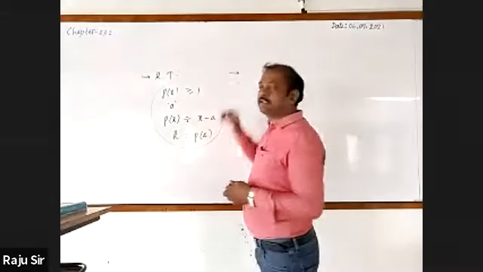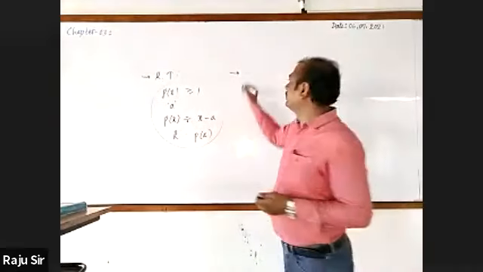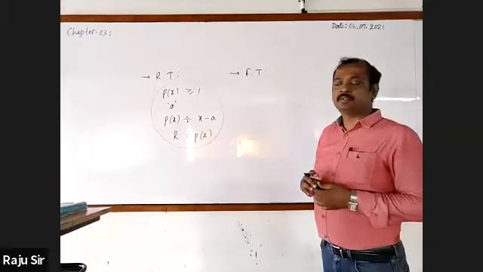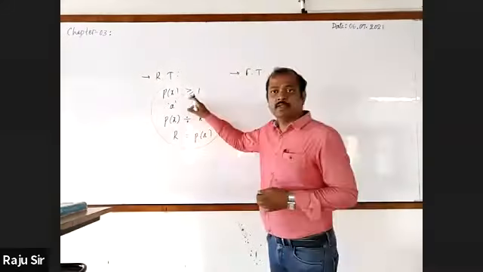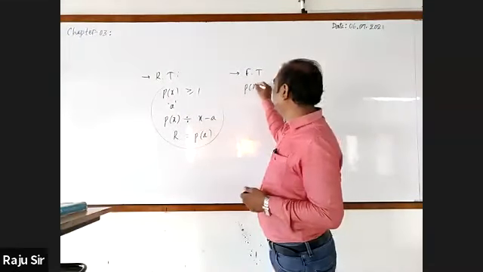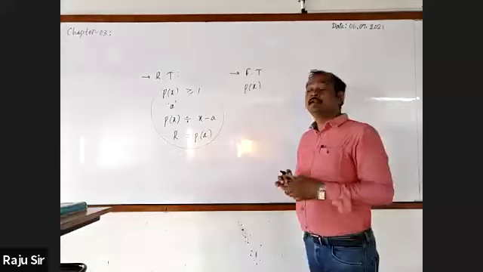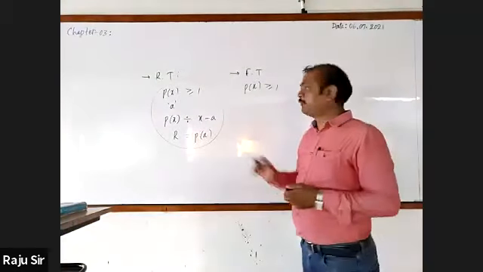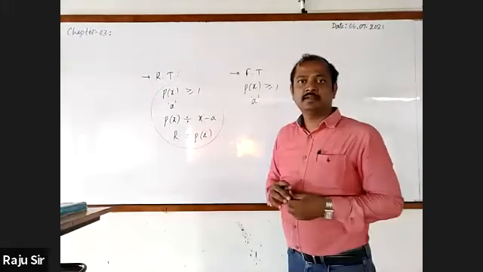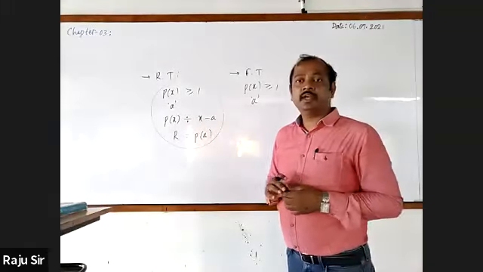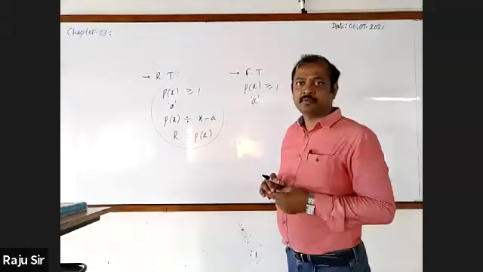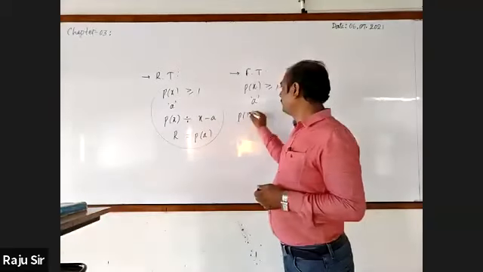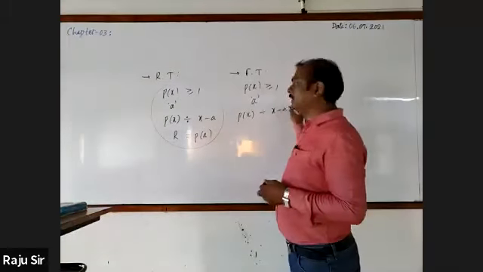Similarly, if we come across another important theorem, this is factor theorem. According to factor theorem, the statement is like this. Let P of x be any polynomial of degree greater than or equal to 1. Here also, we will take a as any real number and divide P of x by the linear polynomial x minus a.